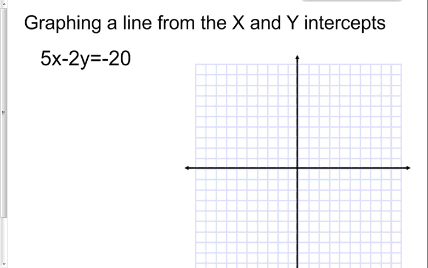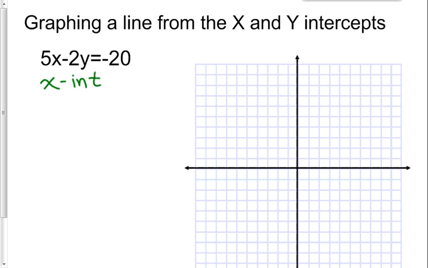Right, we're going to take it one step further, and use those x and y intercepts to graph a line. Remember, to graph a line, you need a minimum of 2 points. As long as you can plot 2 points, you can graph the equation of a line. If those 2 points are the x and y intercepts, that gives us enough to graph the line. So here we have 5x minus 2y equals -20. We're going to start with the x-intercept.